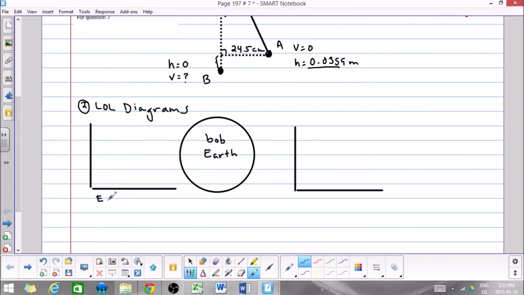Okay. So our energy bars, we have EG, EK, and EG plus EK makes the total mechanical energy.